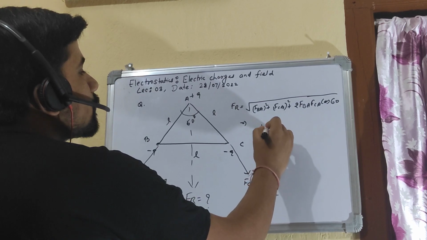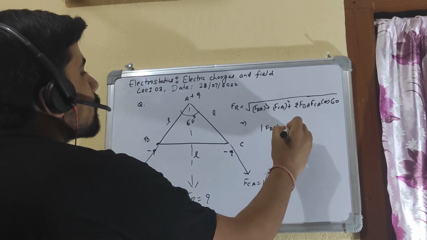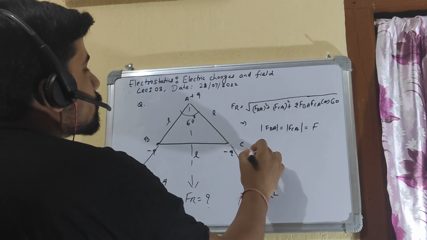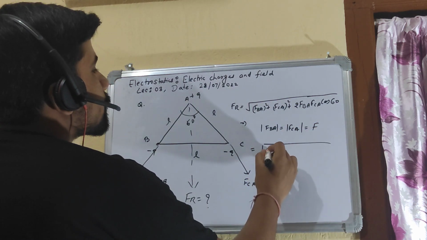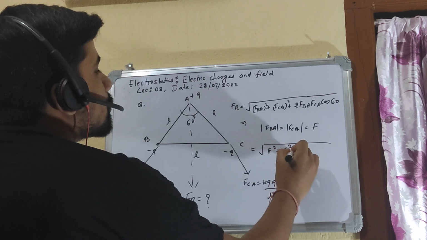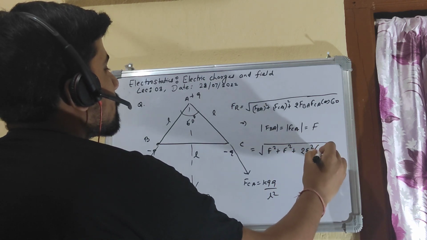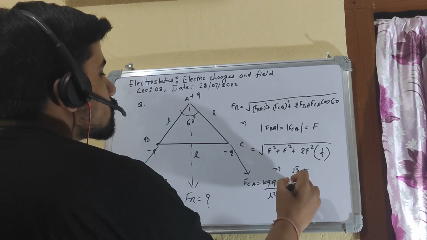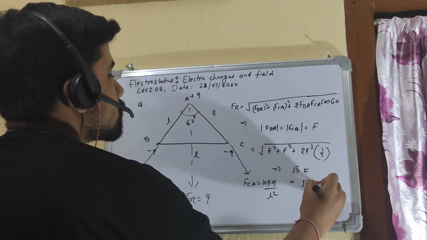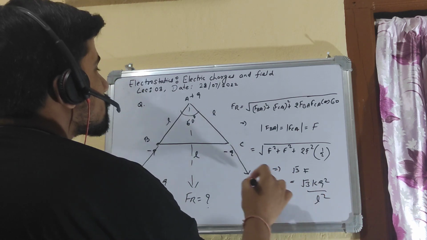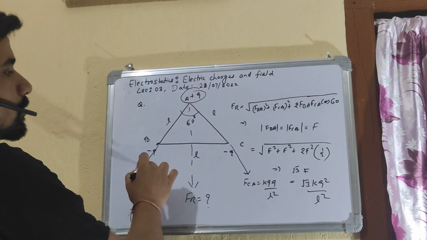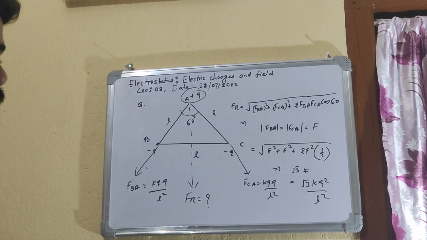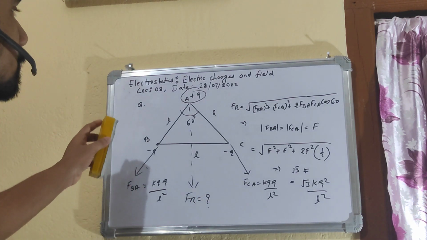The magnitude of FBA is equal to the magnitude of FCA, which is, let's say, F. So it will be the square root of F square plus F square plus 2F square into 1 by 2. This is root 3 F. So it will be root 3 KQ square by L square, which is the net force on charge plus Q because of charges at B and C. This is the simple solution for this particular problem.